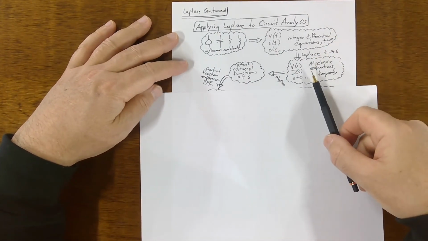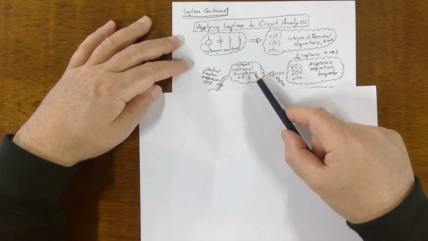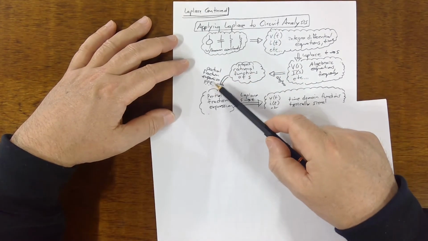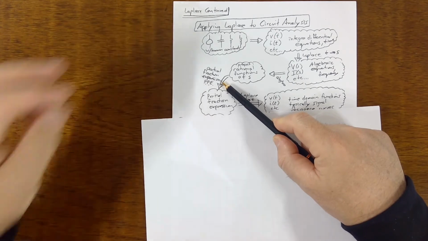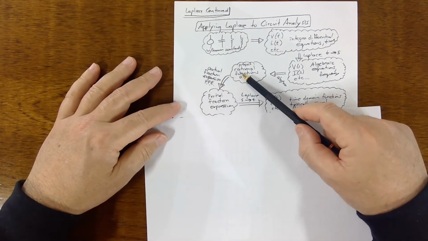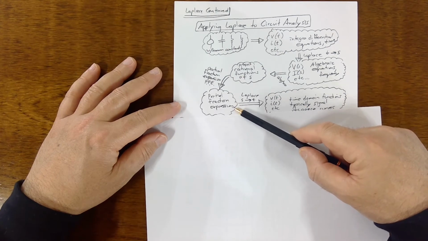Anyway, you get this, where are we? So you're going to get some proper rational functions of s, then you're going to do what's called a partial fraction expansion, or a PFE. You end up with a partial fraction expression.